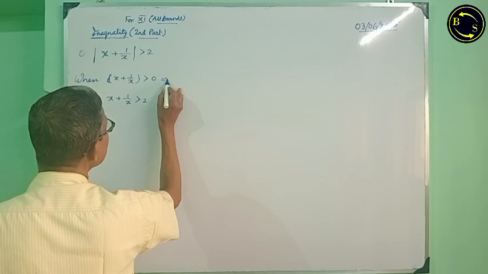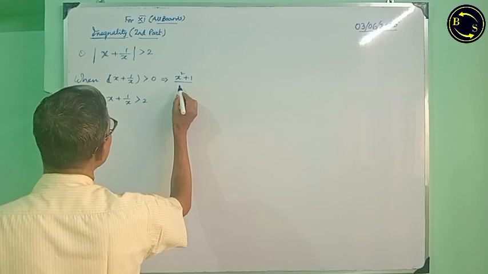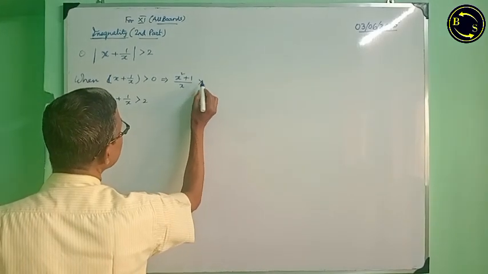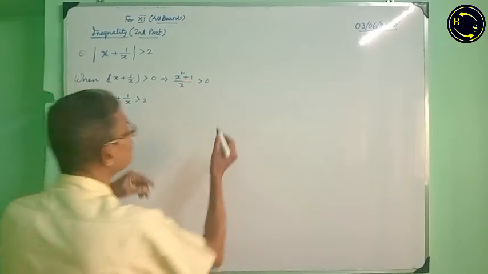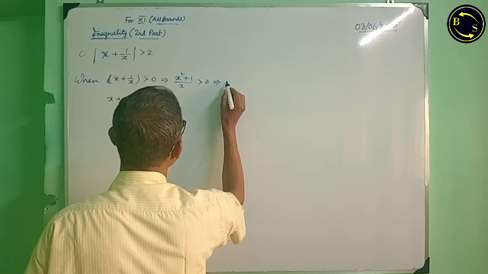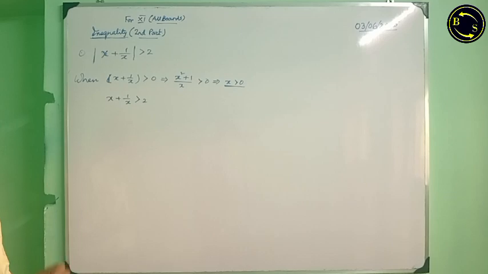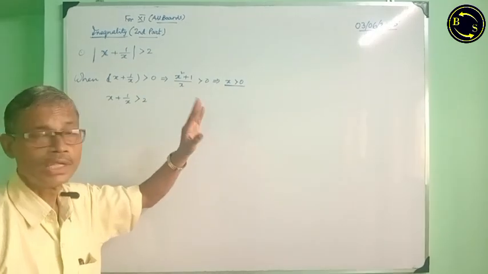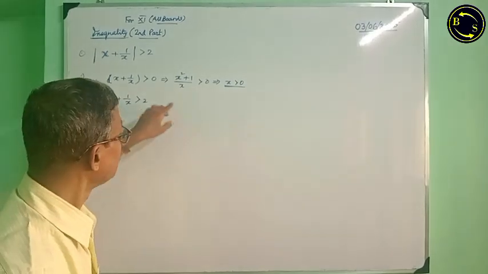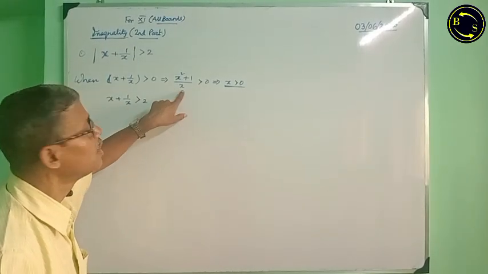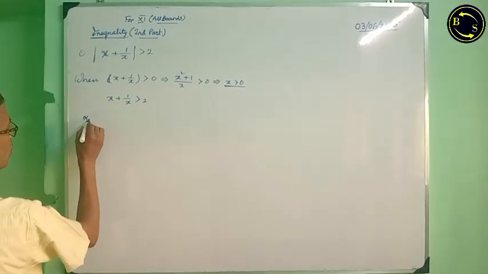Now if we simplify this, we get x square plus 1 by x positive. X square plus 1 is positive. From that, x is positive. X square is a square number, that is non-negative. X square plus 1 will be always greater than or equal to 1. Therefore, for this fraction to be positive, the denominator must be positive. This is the case. Now, we simplify this.